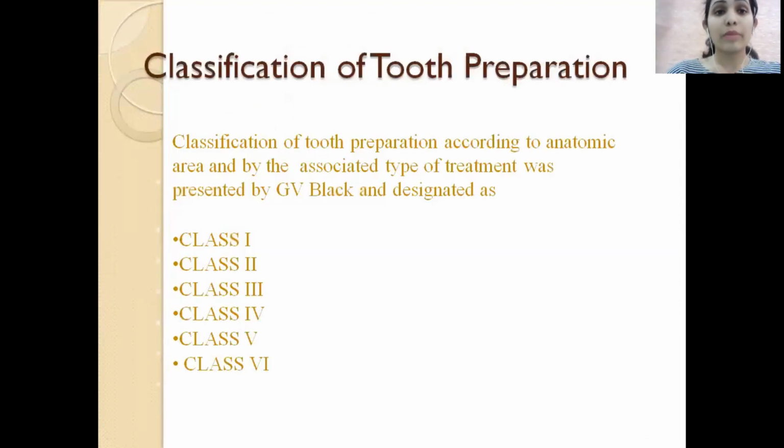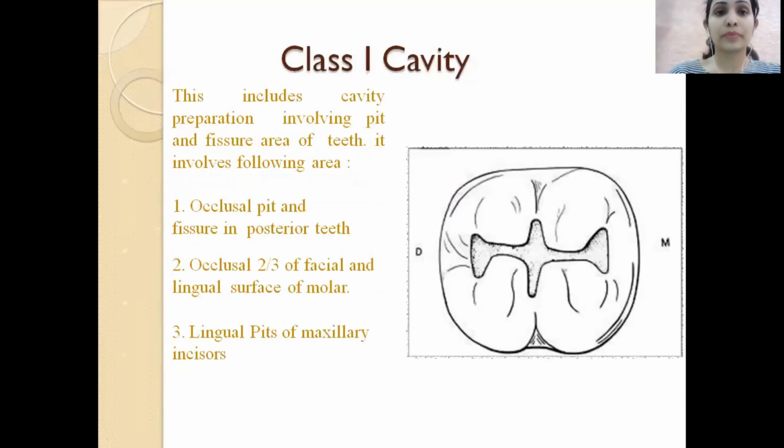Coming to classification of tooth preparation. Classification of tooth preparation according to anatomic area and by associated type of treatment was presented by G.V. Black, Greene Vardiman Black, and designated as Class 1, Class 2, Class 3, Class 4, Class 5, and Class 6.